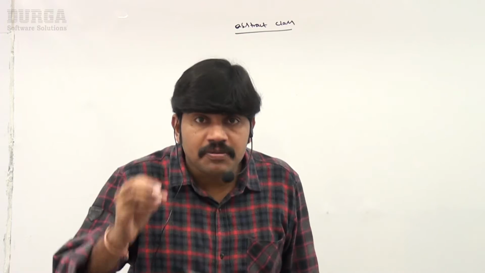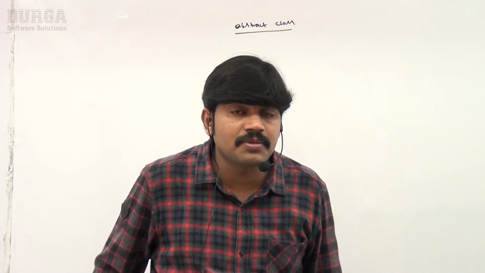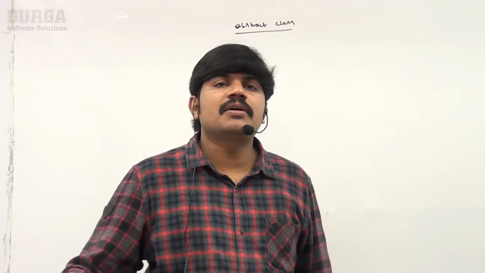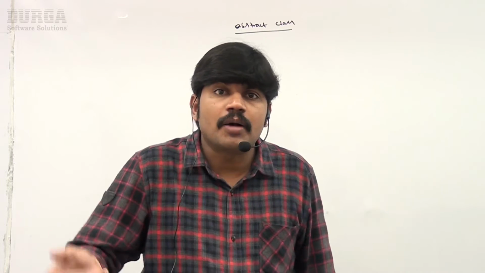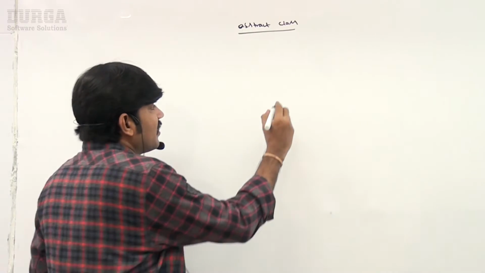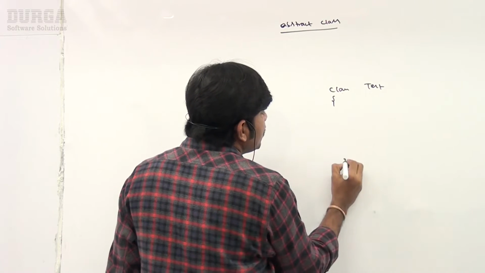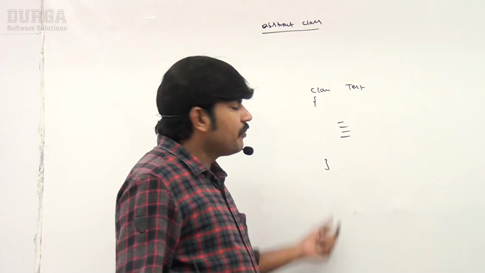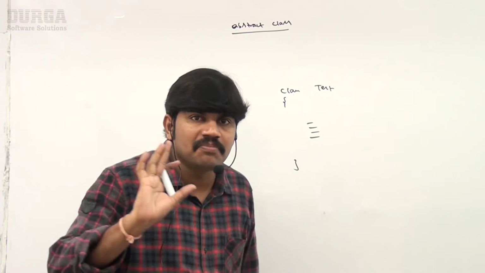Sometimes if the implementation of a class is not complete, maybe because of not proper implementation or because of abstract methods in that class. Anyway, for some reason, I have one class and I feel this implementation is not appropriate, not proper, may contain some abstract methods, or even if implementation is there, it is a dummy implementation.